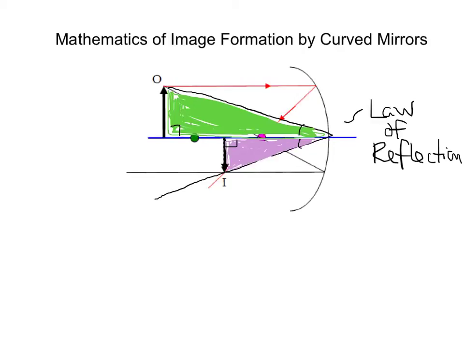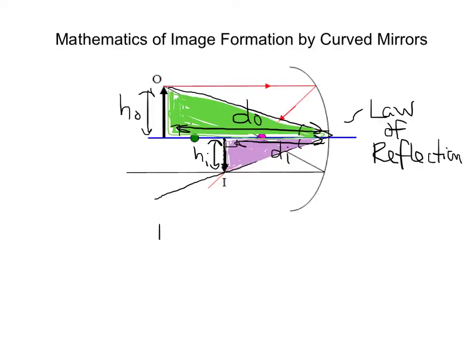So since they're similar, we can also see that the object height here is in the same ratio to the image height as the distance of the object is, remember that's dO there, as the distance of the image is. So these ratios of heights and distances are also the same.